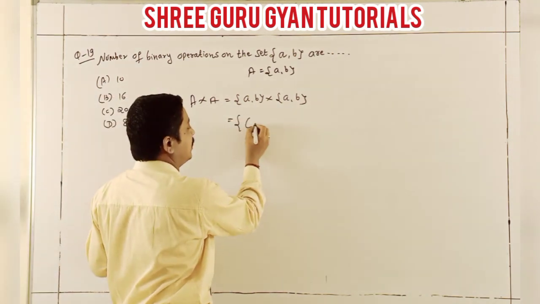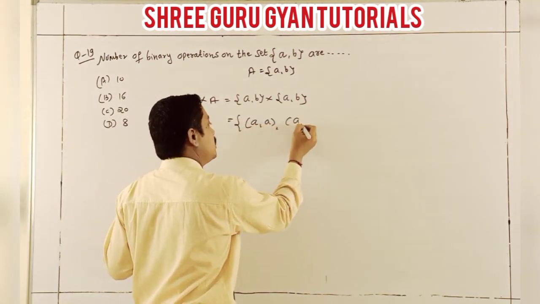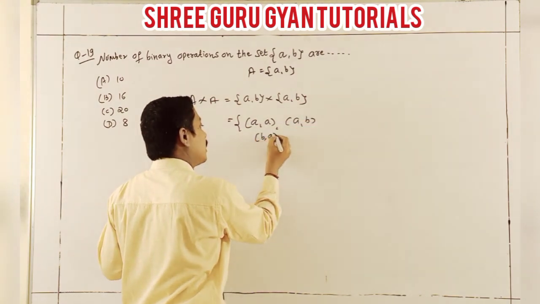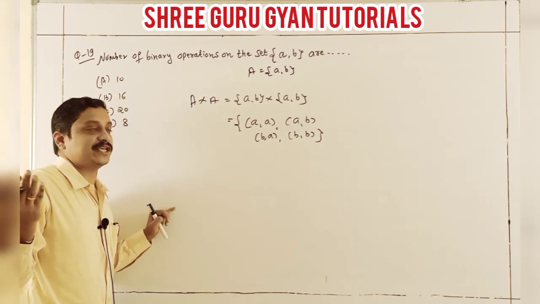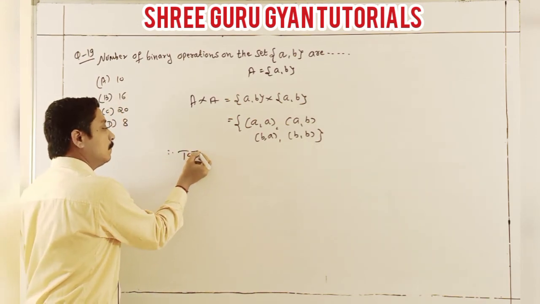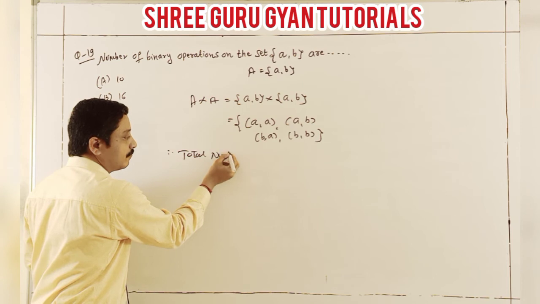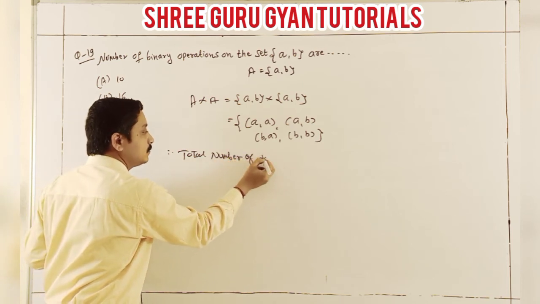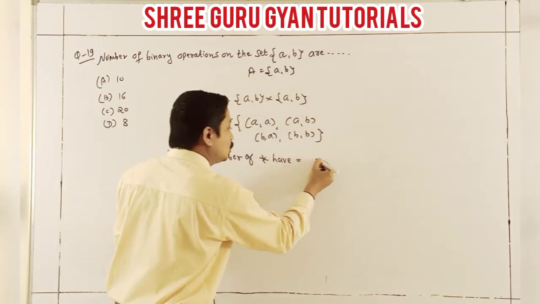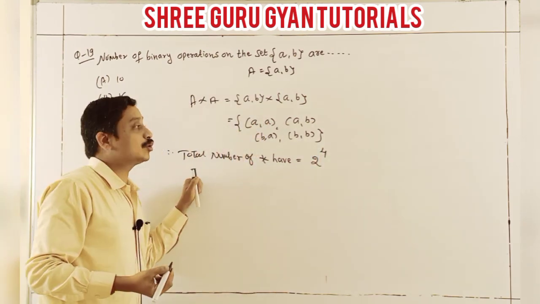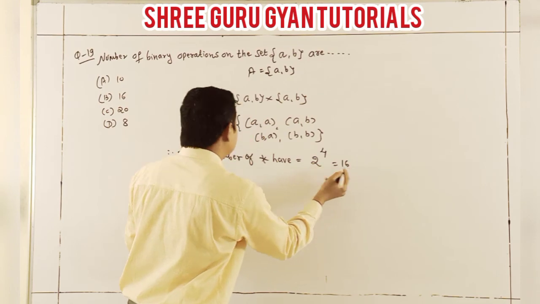A cross A: the pairs over A and B. There are 4 elements in A cross A. Therefore, the total number of binary operations, where each element has 2 choices and there are 4 elements, is 2 raised to 4. It is 16. This numerical is done.